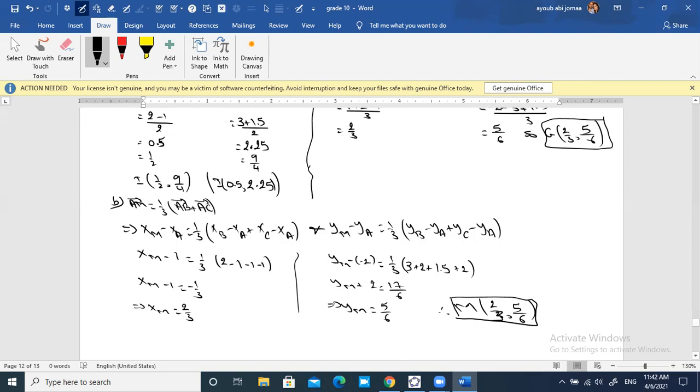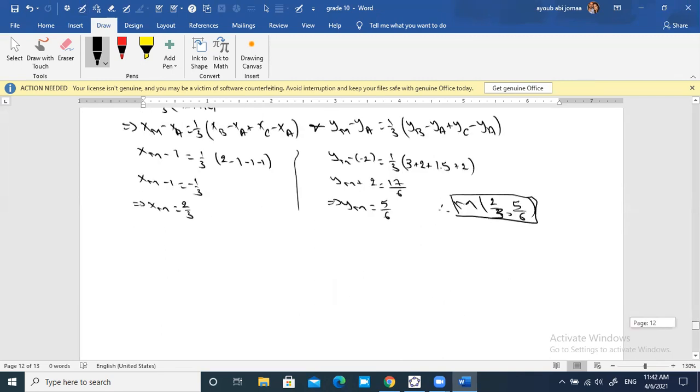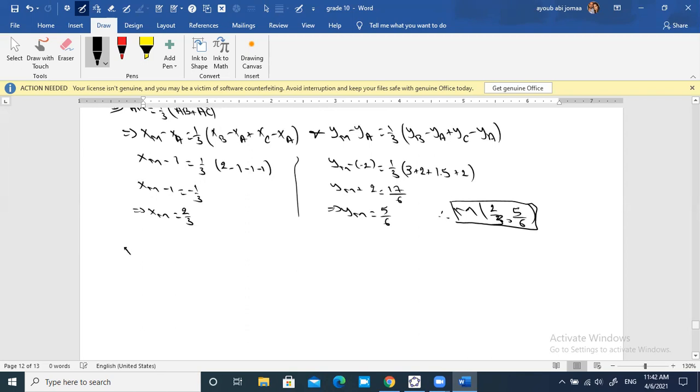So how can we explain it graphically? Why does it turn out to be the same point M? Draw a figure and then we prove that M is equal to G. So here I can write: M and G have the same coordinates.